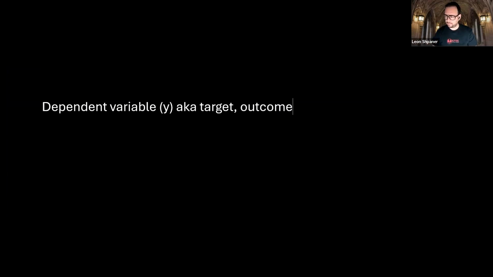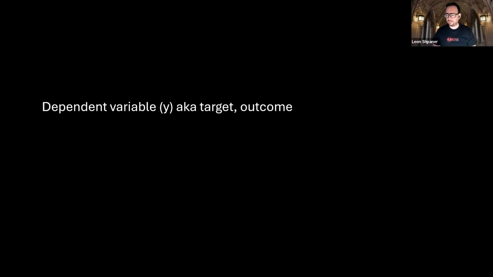In predictive modeling, the dependent variable is also known as your y-axis or y variable. It's also known as your target, also known as your outcome.